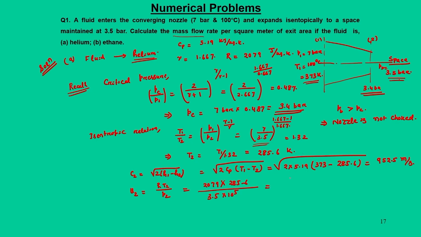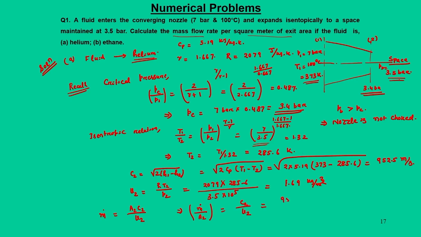So, this specific volume will be 1.69 meter cube per kg. Then mass flow rate m dot is equal to A2 C2 by V2. The question asks for mass flow rate per square meter of exit area. So, the question asks what is m dot by A2, that is nothing but C2 by V2.